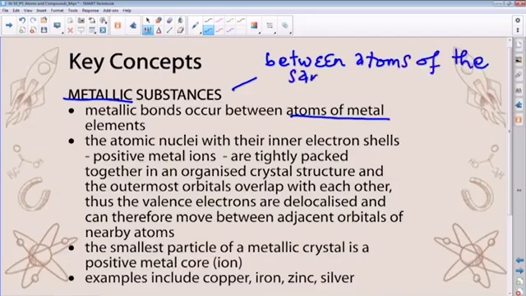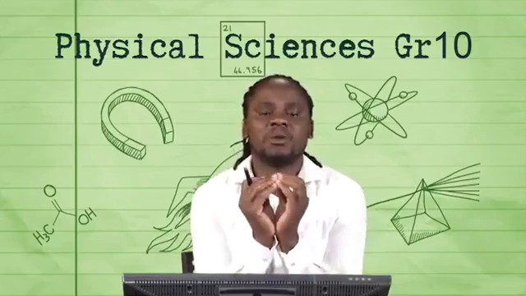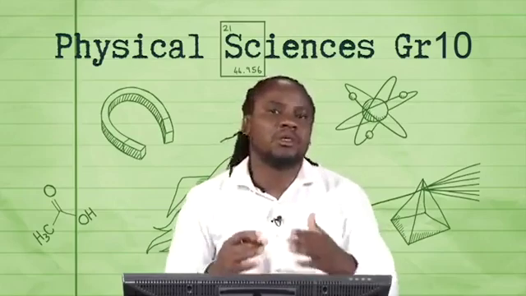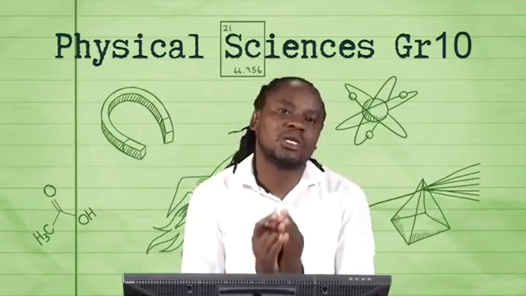This is particularly prevalent with the transition metals, the block of metals in the center of the periodic table, which is very key. As I've said, we shall constantly refer to the periodic table because it guides us as to what exactly is taking place. In terms of classification, when we talk about metallic bonding, in most cases it has to do with the transition metals.